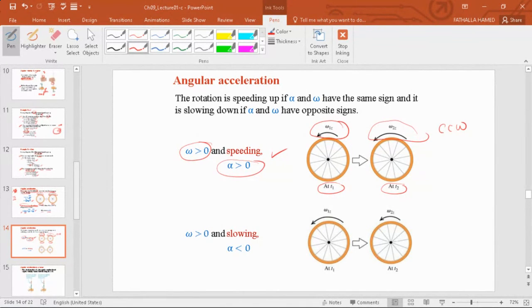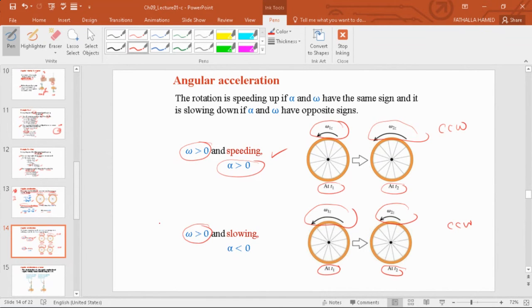Now, if you look at the cartoon that we have, at t1 they give you omega 1z, and at t2 they give you omega 2z. Look at the curved arrows here. Omega 2z is less. But both of them are counterclockwise, which means omega is still greater than 0.